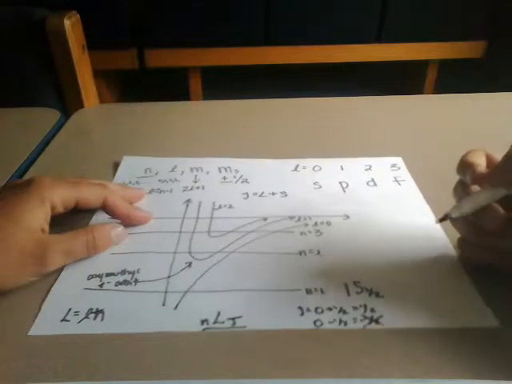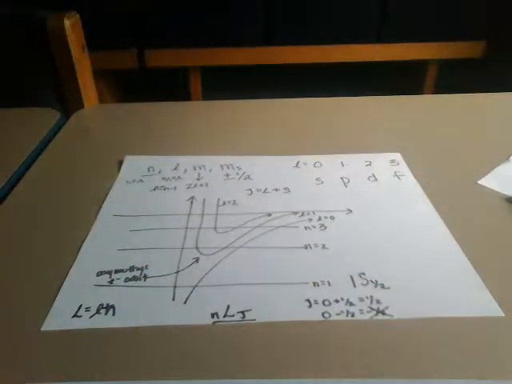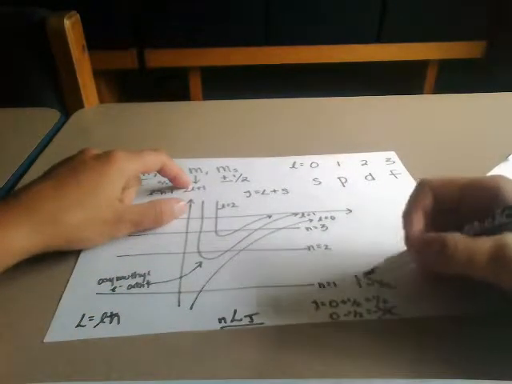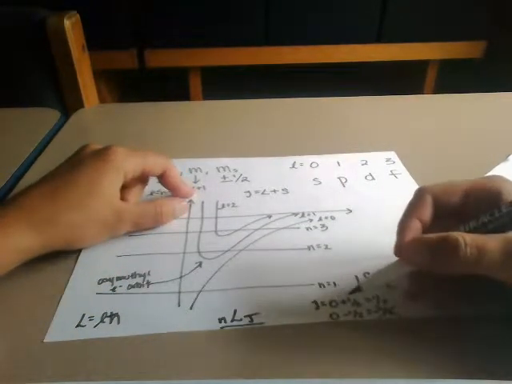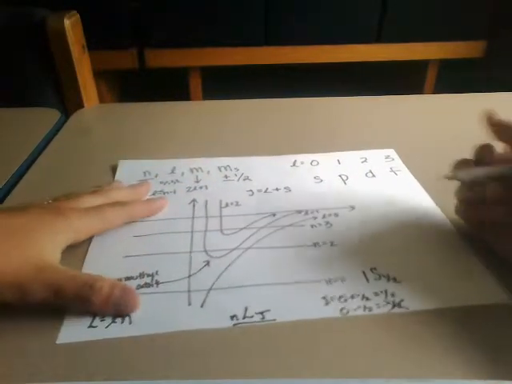So 1s 1/2 is our only orientation of this electron in the n equals 1 energy level, which makes sense according to M. Since L equals 0, 2 times 0 plus 1 is 1, and there's only one state, so it makes sense.